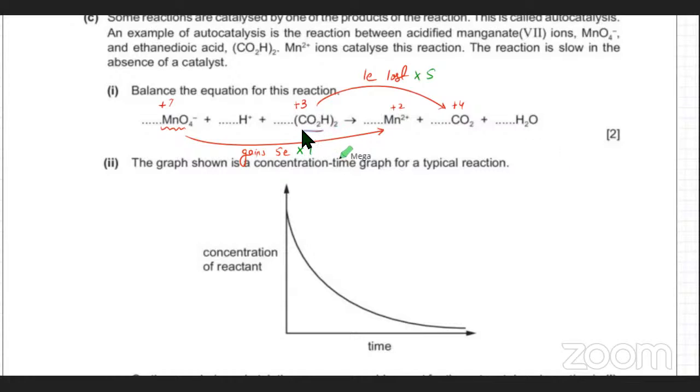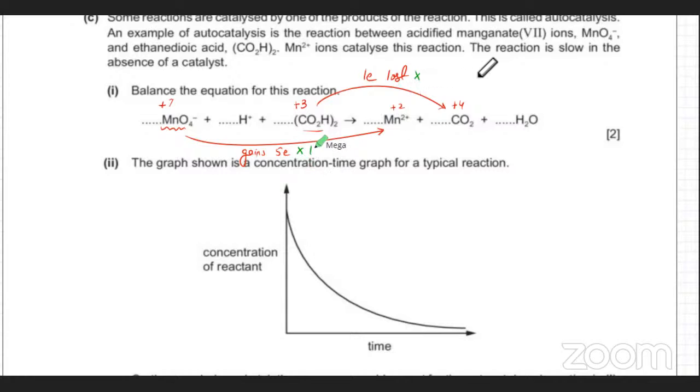Yes. So I need to have 5 carbons. The only thing is I would have to multiply it by 2.5 to have 5 carbons, so that doesn't give me a whole number value. So what I can do is double everything because I'm getting values in decimals.